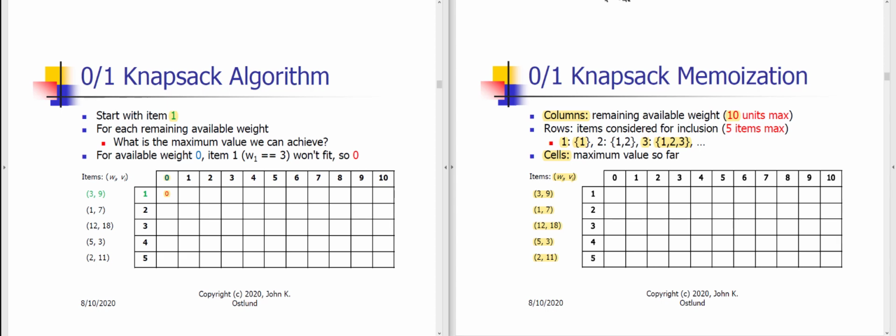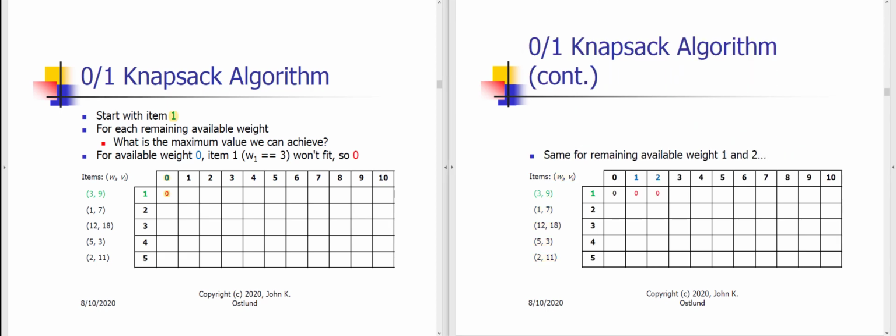The same thing is true for remaining available weights 1 and 2. All right, so this item weighs 3 units. If we have 0 units of remaining available weight, we can't include item 1 at all. That's obvious, I guess, because we don't have any items that don't weigh anything.